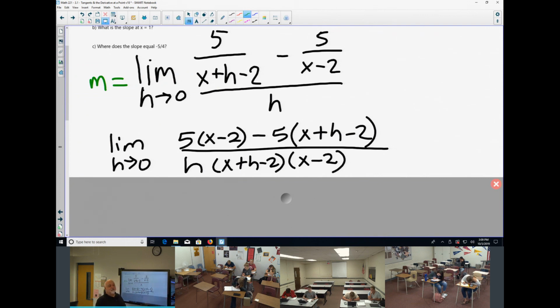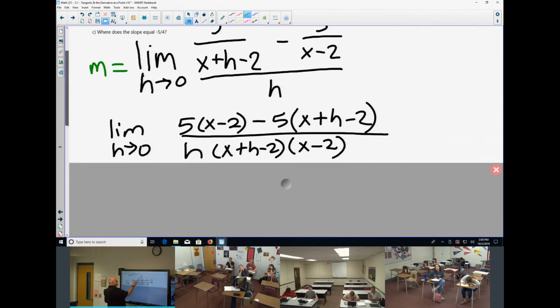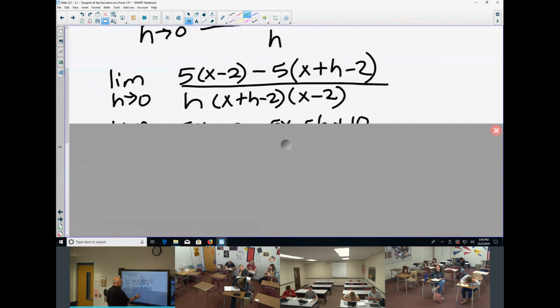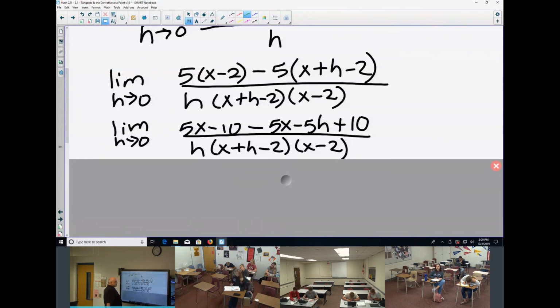All right, you need some help? Yeah, kind of. Okay, so here if we distribute the 5 and distribute the negative 5 to get rid of the parentheses, and you just leave the denominator alone, don't multiply that out.